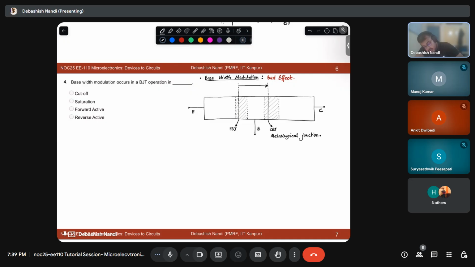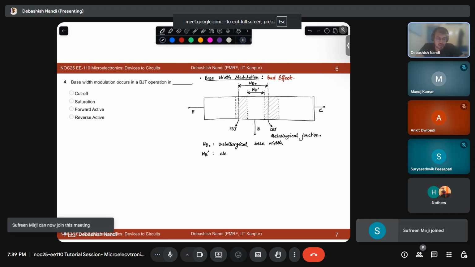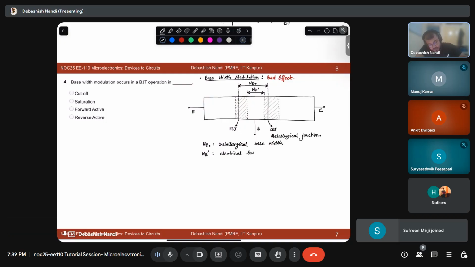That means the junction you create by metallurgy, or physical junction. So this is your WB naught, and this region is called your WB dash. So WB naught is your metallurgical base width, and WB dash is your electrical base width.